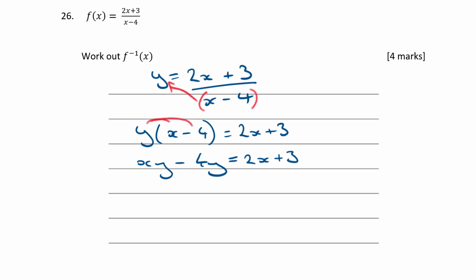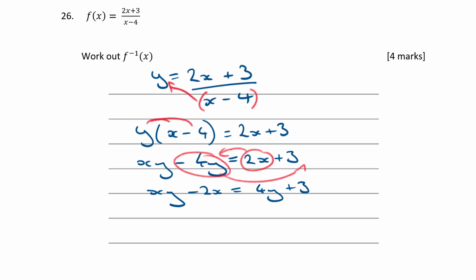Okay, what am I trying to do? I'm trying to make x the subject of this formula. So then let's move that to this side, move this to this side. I'm going to get xy minus 2x is equal to 4y plus 3.